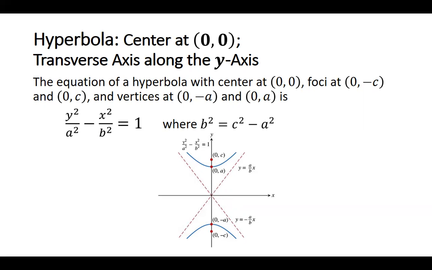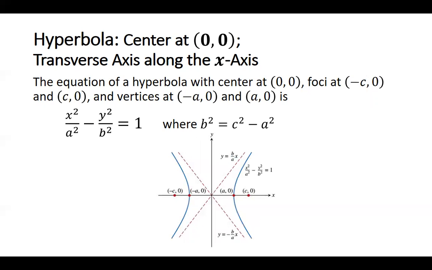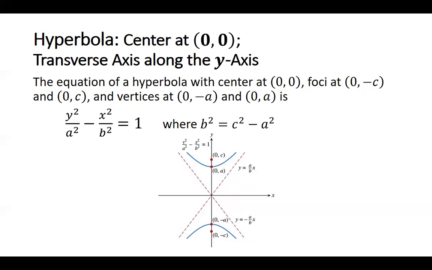If your transverse axis is the y-axis, then you start with y squared over a squared. If your transverse axis is the x-axis, you start with x squared over a squared. So it does matter the order you put them in. You don't want to subtract backwards. But a squared is always going to come first, and it's going to be related to the transverse axis.